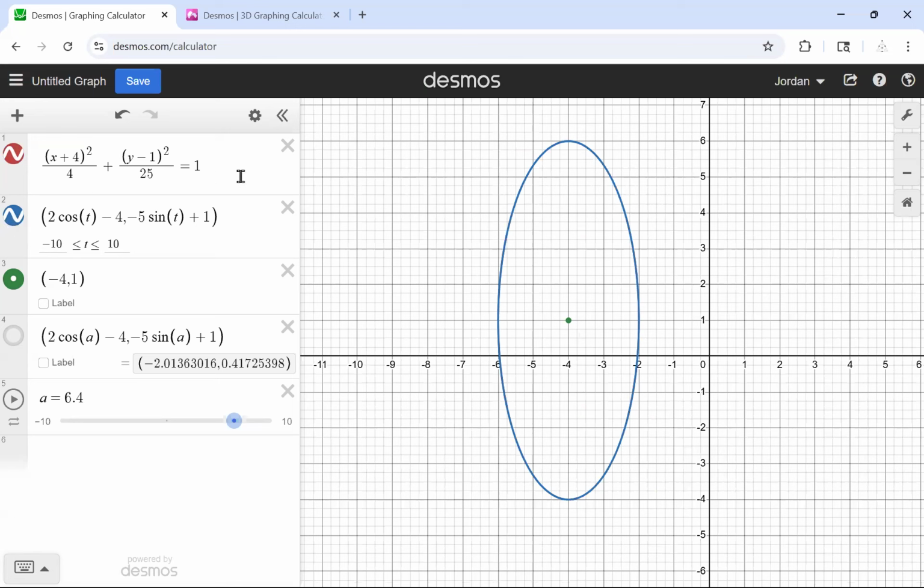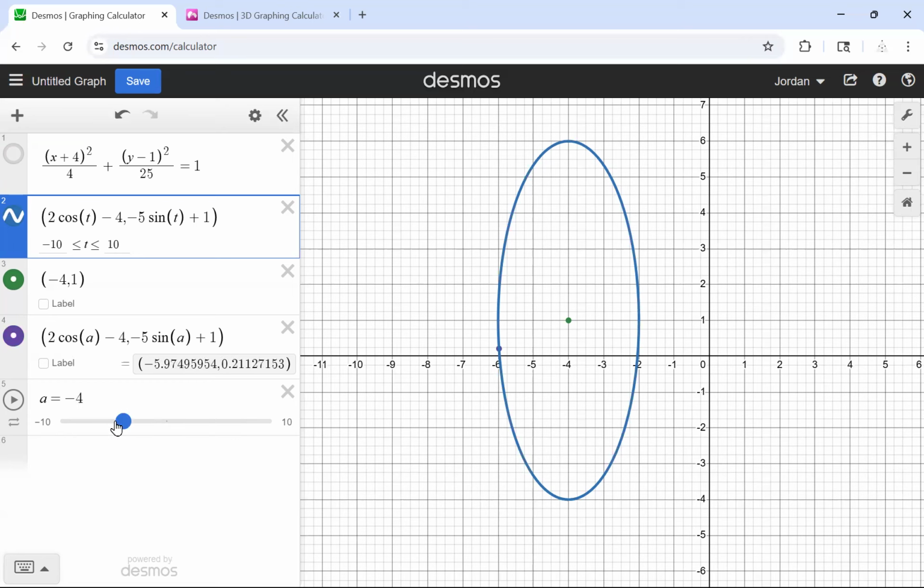So whether I'm utilizing the parametric or the rectangular, we're getting the exact same ellipse. Obviously, the center of that ellipse is negative 4, 1. We could find the other features of this ellipse using all of the conic section work we did before.